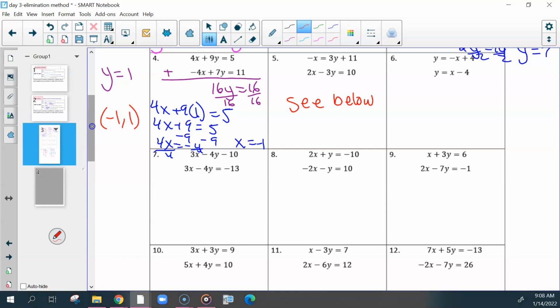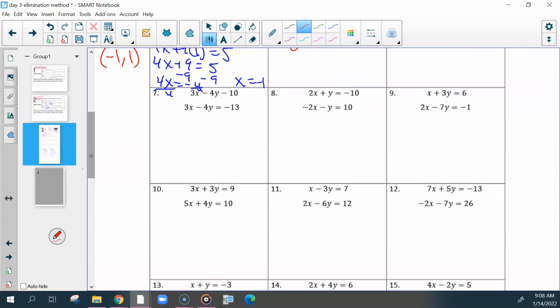We're going to skip 6 and move to 7. Actually, we'll still do 2 more, but I'm going to change the ones we're going to do. We'll do 7 and then we'll do 9.